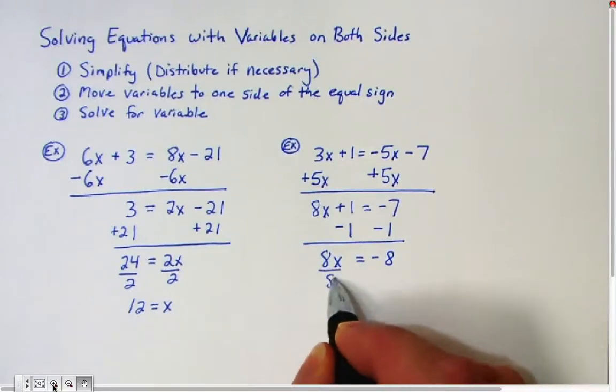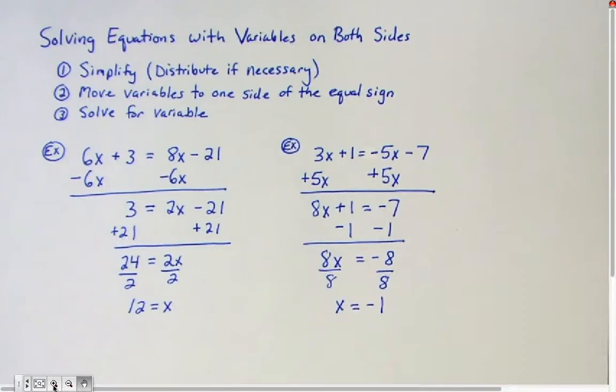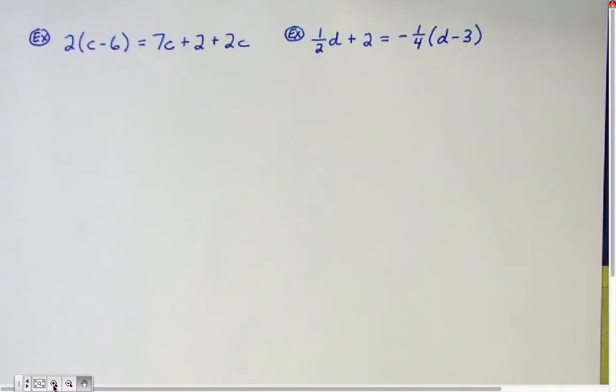Divide each side by 8, and x is equal to negative 1. Please take a look at these two examples, press pause and copy these down into your notes, and then we will solve them.